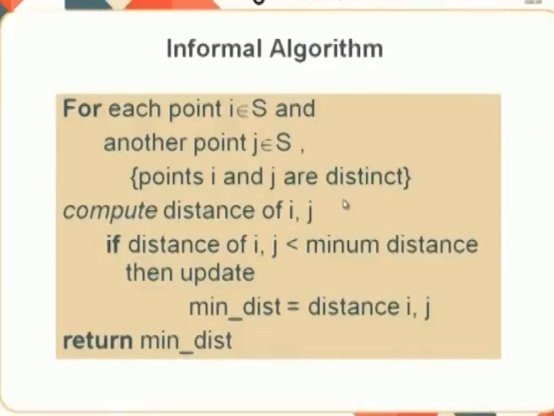Say for example, I am using the Euclidean distance, which means I have to use that formula to compute the distance between i and j. Suppose the distance between i and j is the minimum distance, then we have to update the minimum distance and the points i and j. Then I start a loop, and I have to consider all points that are present. The minimum distance will be computed at the end of the loop, and that is going to be returned to the main algorithm. This is the informal algorithm we have.